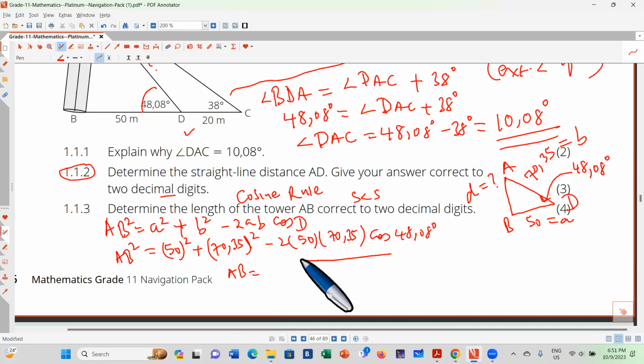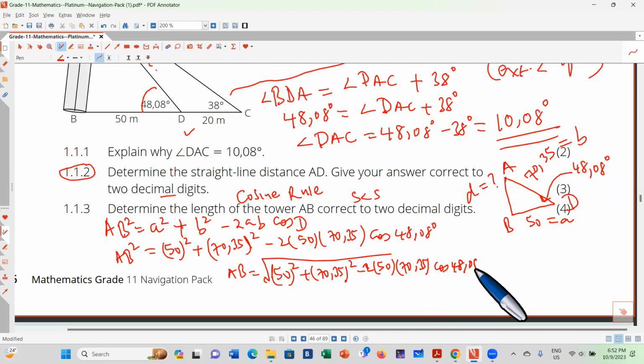So AB therefore becomes the square root of all these, which is 50 squared plus 70,35 squared, minus twice 50 times 70,35 times cosine of 48,08 degrees.